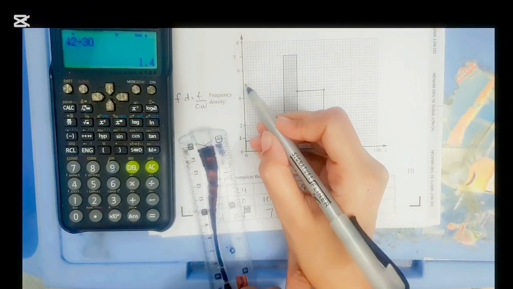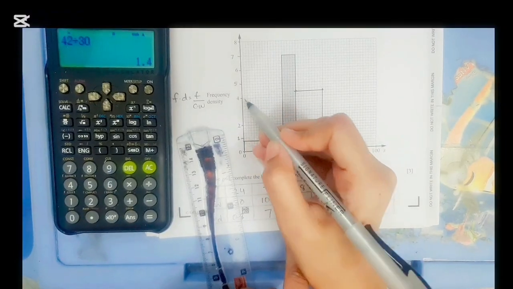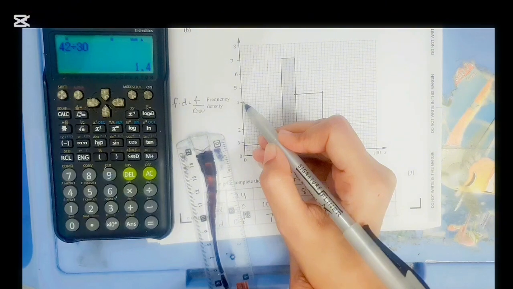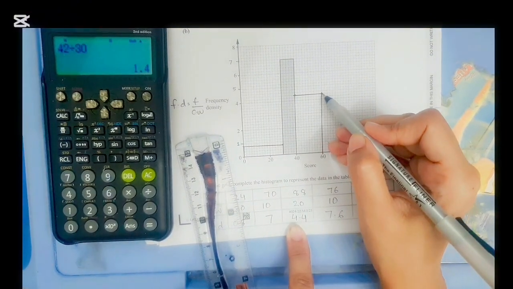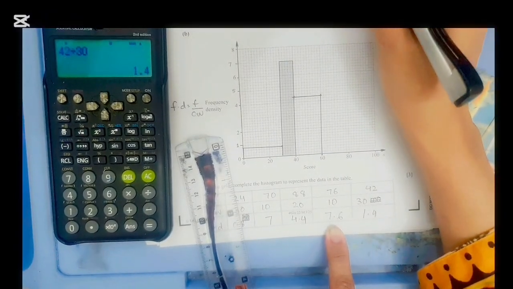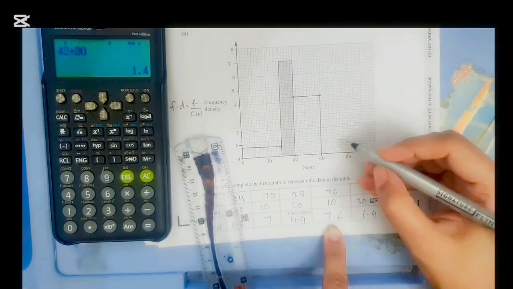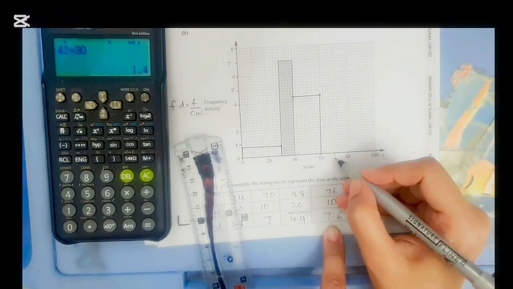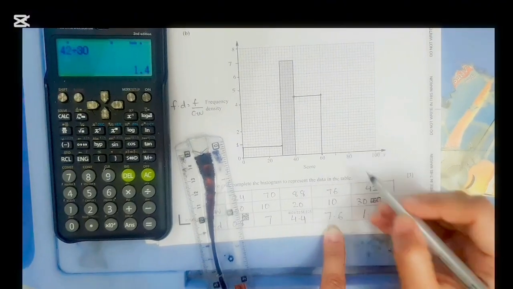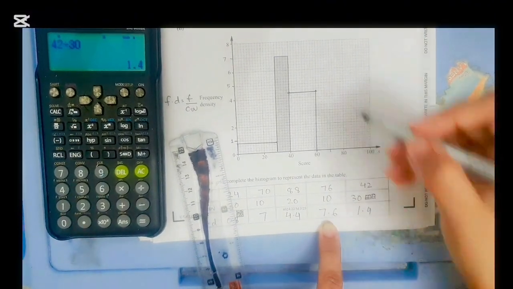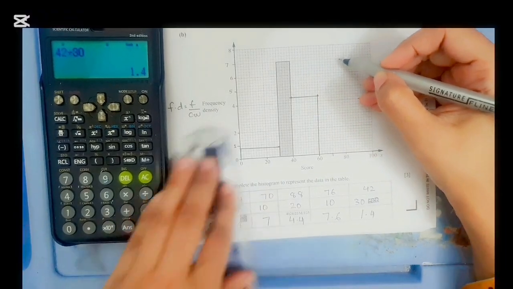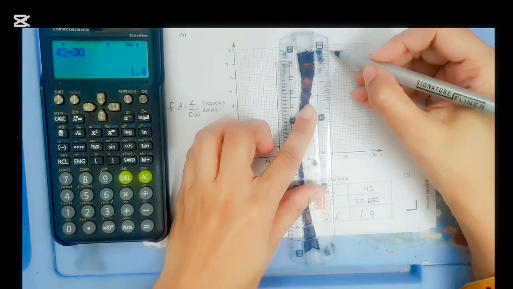One small box is equal to 0.2, so 0.4 is over here, 4.4 would be over here. Now next is 60 to 70. 70 is over here. The frequency density is 7.6; 7 is over here, 7.2, 7.4 and 7.6 is over here.